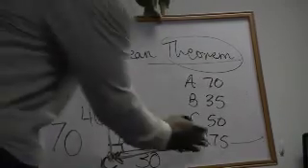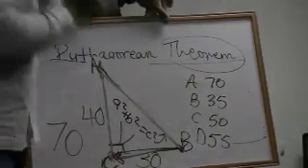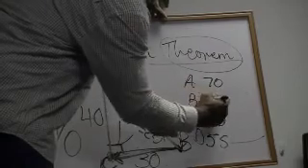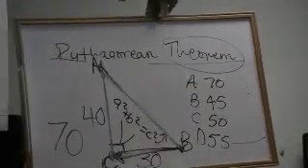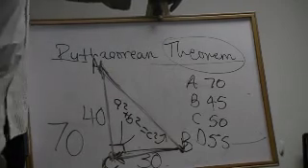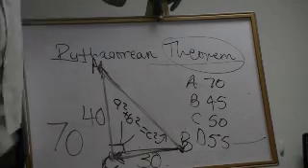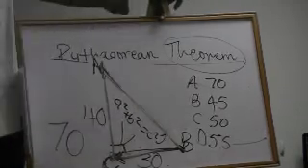I guess I should put 55 there. Let's be mean here. Okay, so here are my answers, and there you go. Well, it looks like 50, it could be 55 or 45. 70.